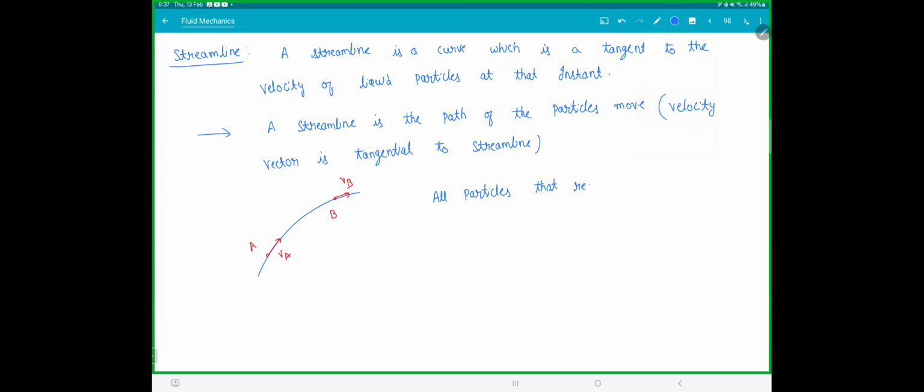All particles that reach point A have velocity VA, and it becomes VB at B. So velocity of the particles is constant with position but can change with time.